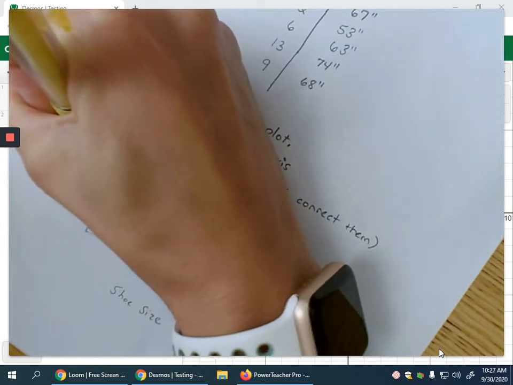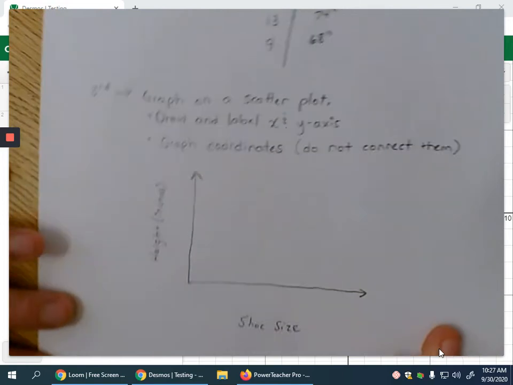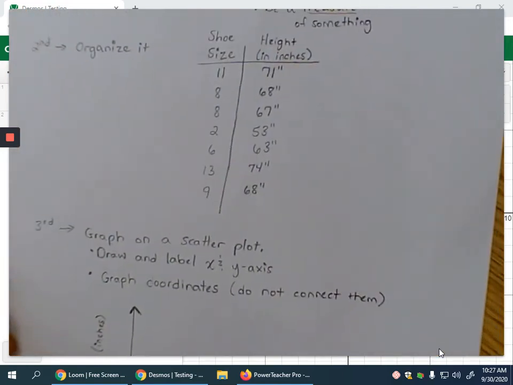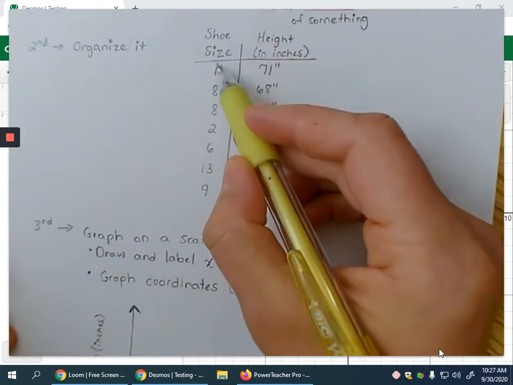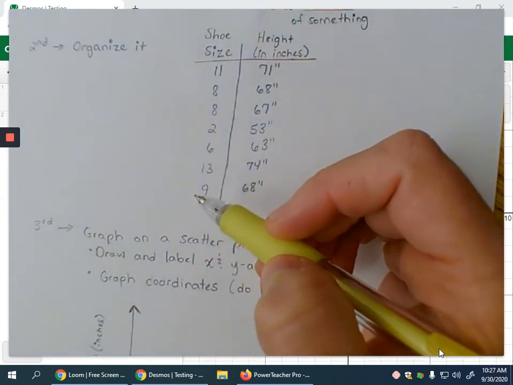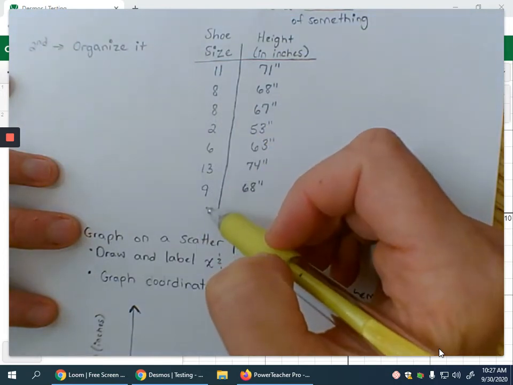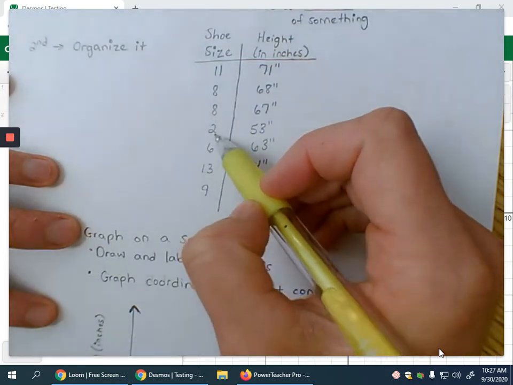Okay, so from there, you want to actually label your numbers. Notice I did not put this data in any kind of order, so for the x-axis, you're going to have to look at your x values and find the lowest value and where the highest one is.